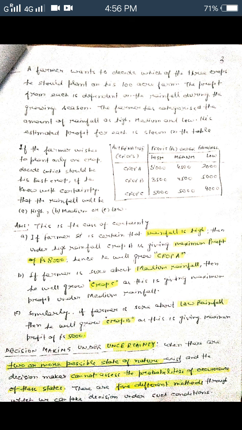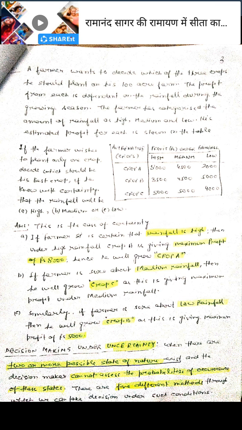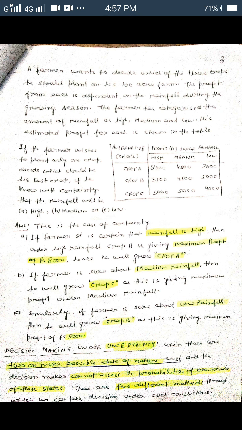That means decision making under uncertainty means we don't know the probability of the happening of the events. We have different states of nature, but we can't assign probability to these events. The decision maker is not sure what will happen in future.